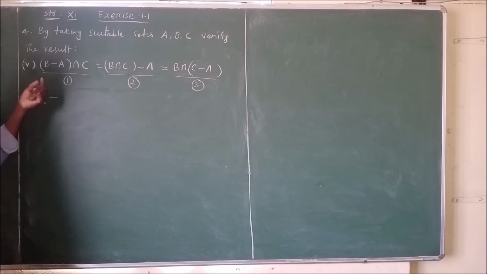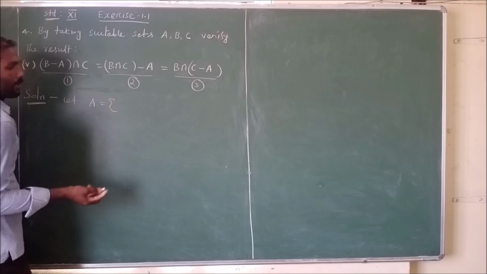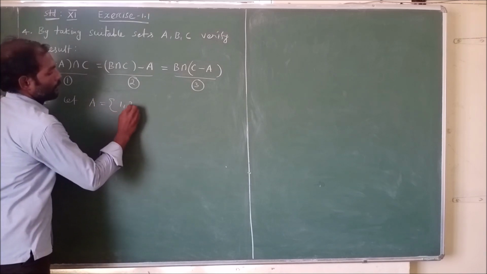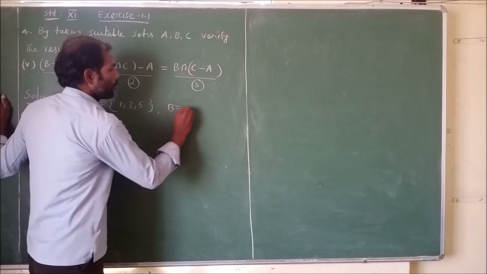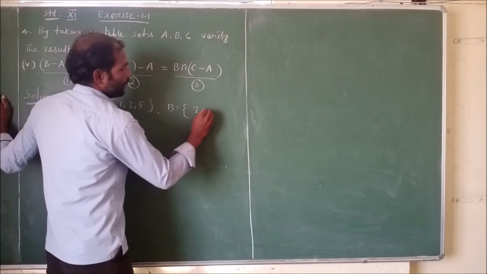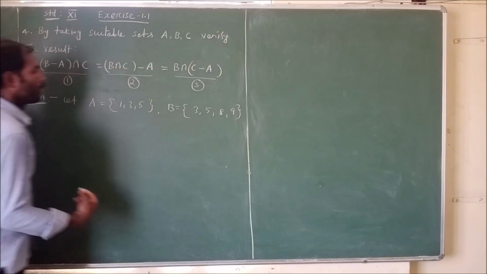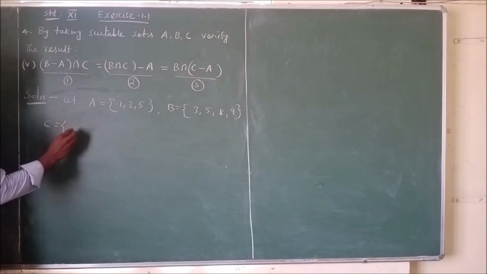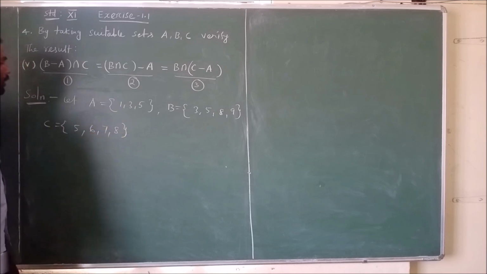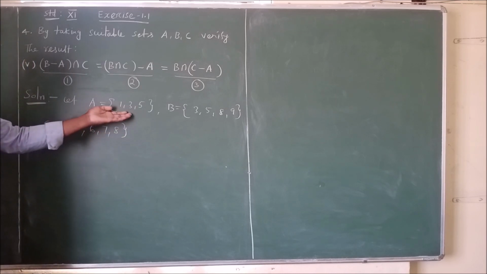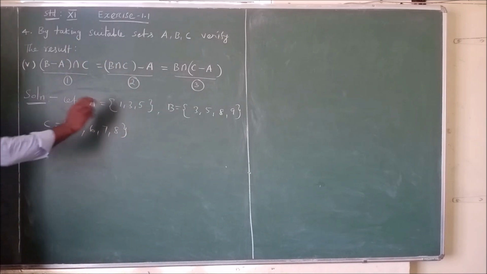Let A equal to 1, 3, 5, and another set B equal to 3, 5, 8, 9. Third set C equal to 5, 6, 7, 8. Whatever they may be, for your convenience you can change to other values. After that, we verify it.